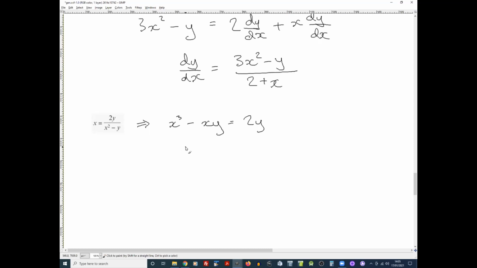Well, you could factorize the left-hand side. Yeah, you could. Not in a useful way. If you're trying to make x the subject, yeah, maybe. Although, maybe not.